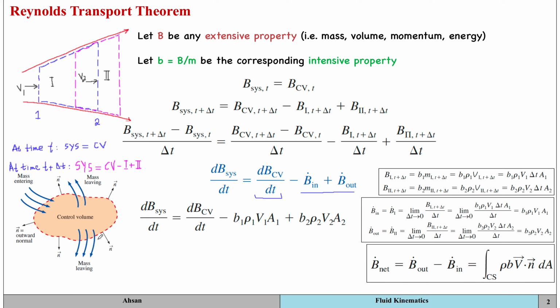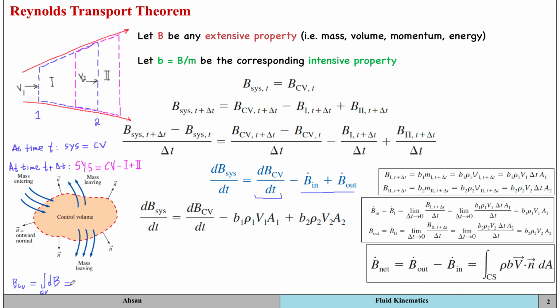Across this control volume, the total fluid property B, if we wanted to see it in terms of differential control volumes, it would be equal to the differential fluid property, and then we would integrate it across the entire control volume, right?